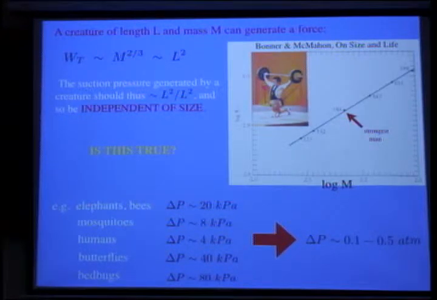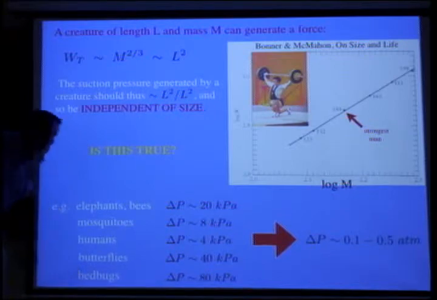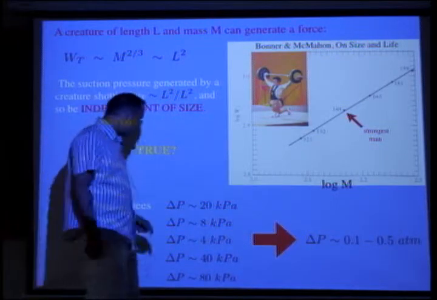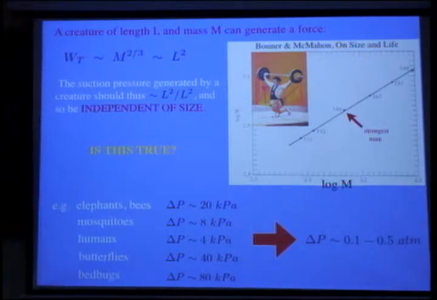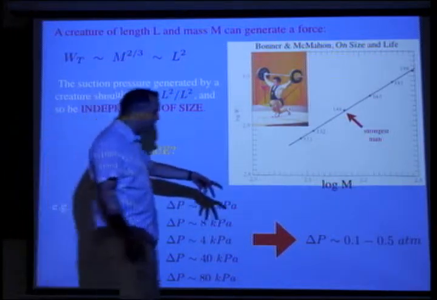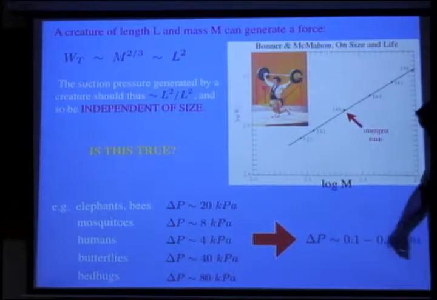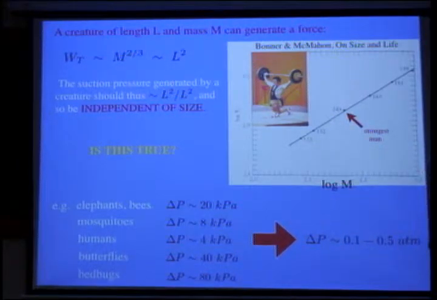Mosquitoes, factor of 2. Humans, factor of 5. The largest pressure that can be generated is by bed bugs, and these things are known for being nasty and feeding on blood ingested from animals. But in any case, you see that the characteristic suction pressure that can be generated by any creature is around 1/10 of an atmosphere. Okay, so that's kind of nice that there's just one number which describes this.